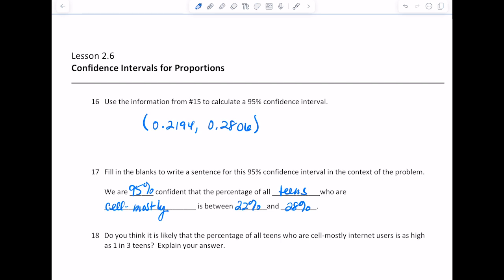So if we were to have, let's say, 100 samples, approximately 95 of them should contain the true proportion of all teens that are cell mostly.